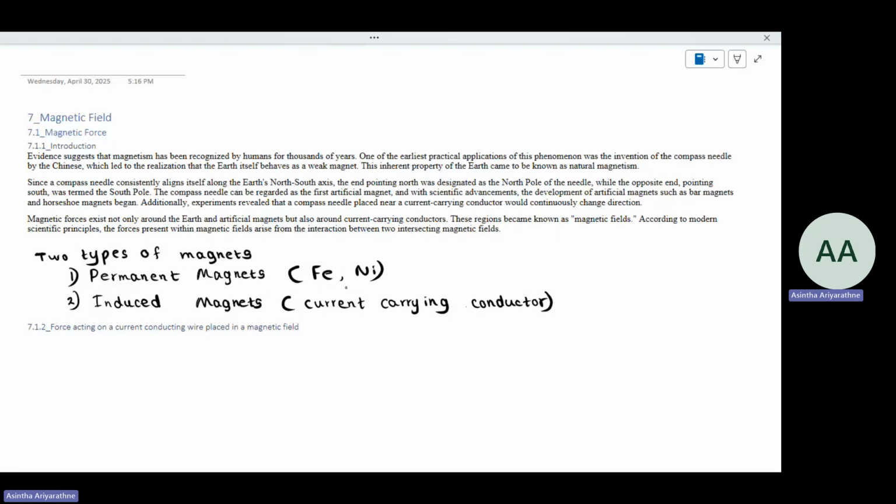Whereas with magnets like horseshoe magnets or bar magnets, which are made of iron or nickel, current flow is not necessary. The magnetic properties are internal to those permanent magnets.